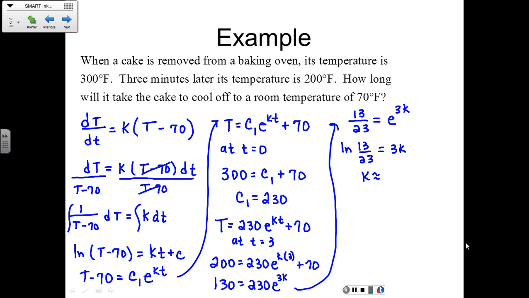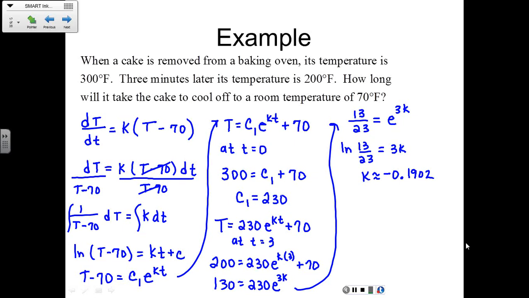Why do you think I get a negative k? Cooling. Good. 4 decimal places: negative 0.1902. I think that's what I got. Y'all check on me on that.